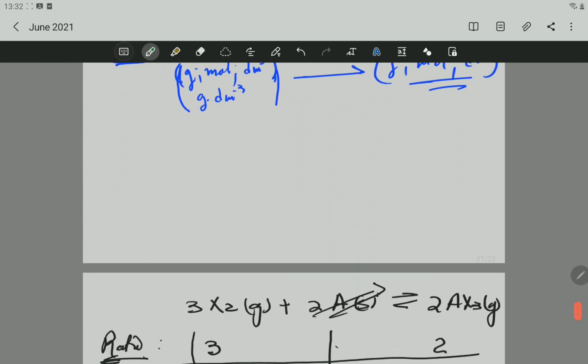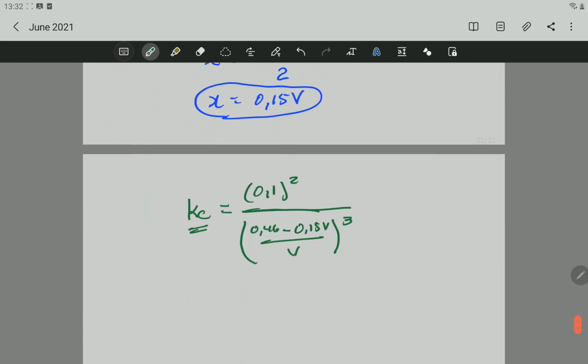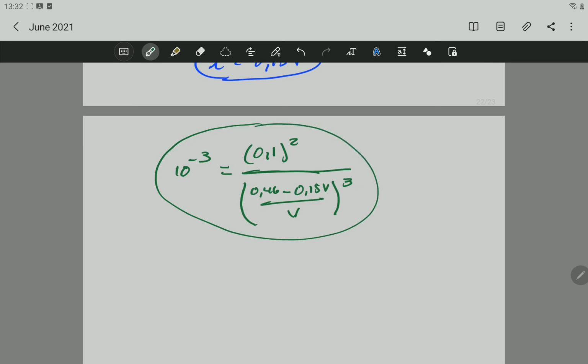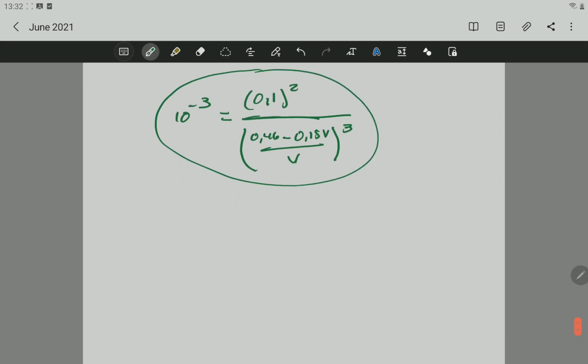So I'm going to write the value here, 10 to the minus 3. And then all that is left is mathematics. This maths might be a little bit tricky, however, it's not a big issue.